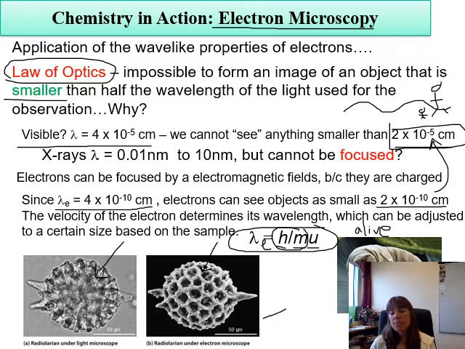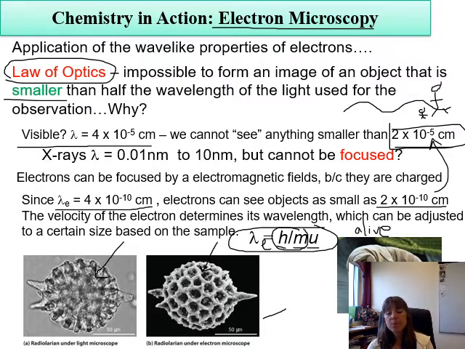That's because metals have more electrons in their shells, and so they will interact more with the electrons that are doing the probing. I did find some pictures where spiders and things like that were covered with a metal so they could be visualized with electron microscopy.